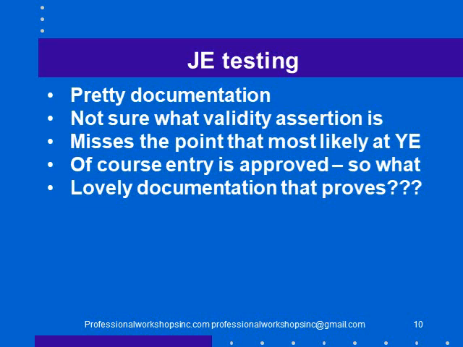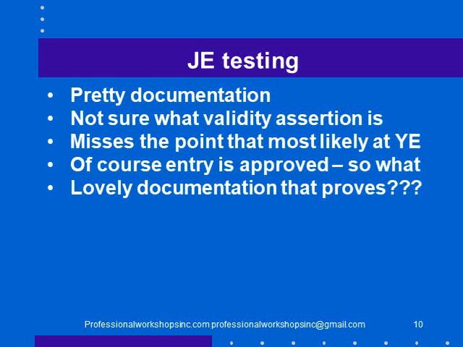Now we have produced very pretty documentation. And I'm not sure what the validity assertion is. It's not one in professional standards. But it misses the point in standards that fraudulent financial reporting through journal entries is most likely committed at year end. So looking at it over the course of the year is perhaps pointless.